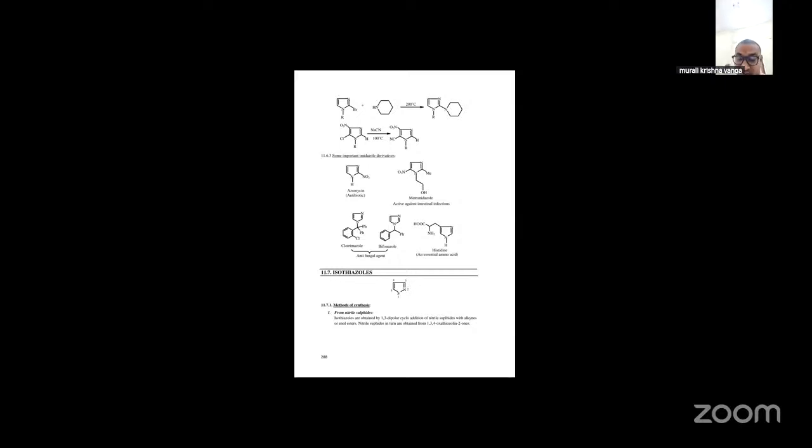Next one is thiazoles, isothiazoles. General method for synthesis of isothiazoles.